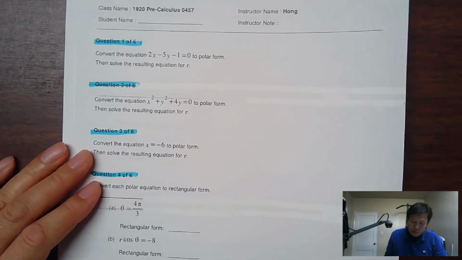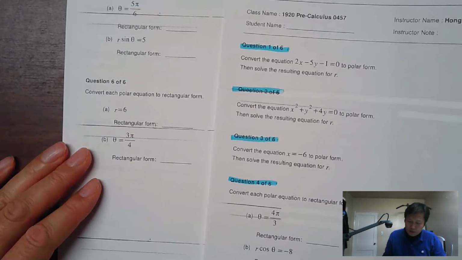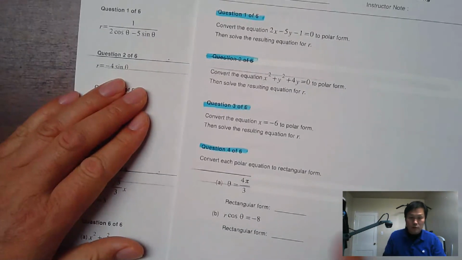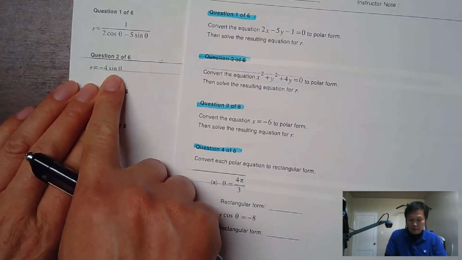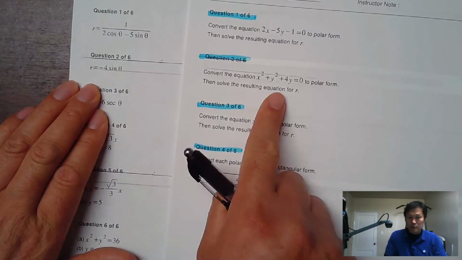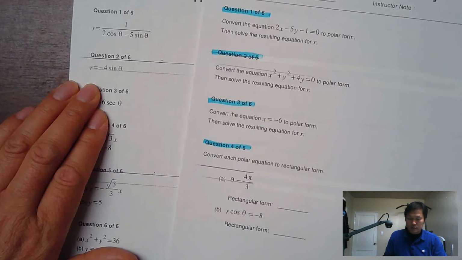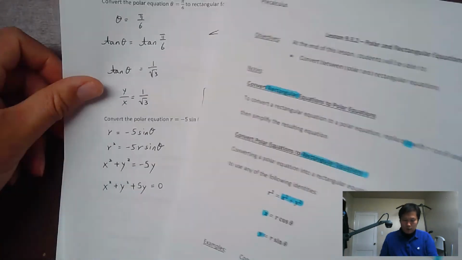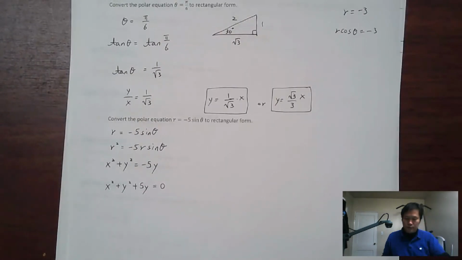If you do the process accordingly, you should end up with r equals minus 4 sine theta. Then you got it.